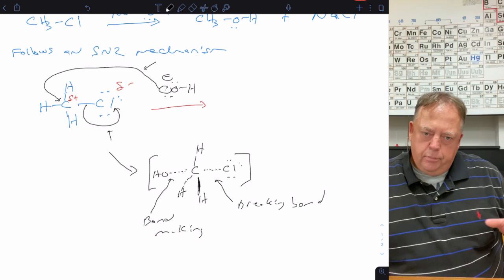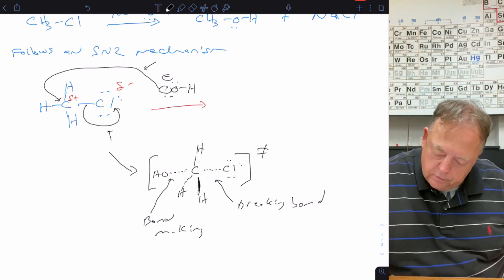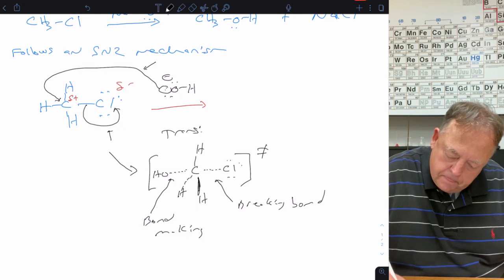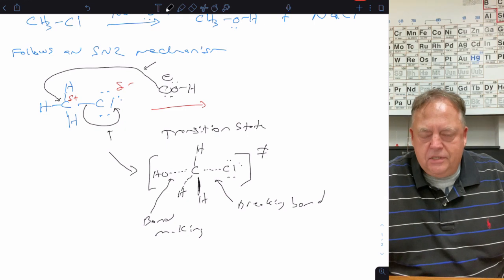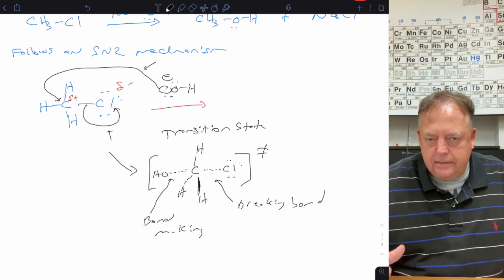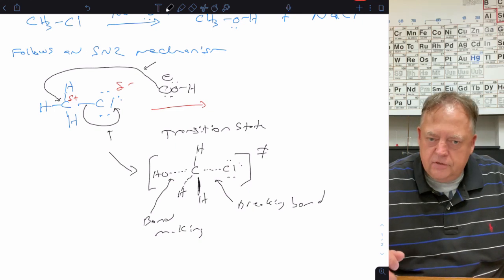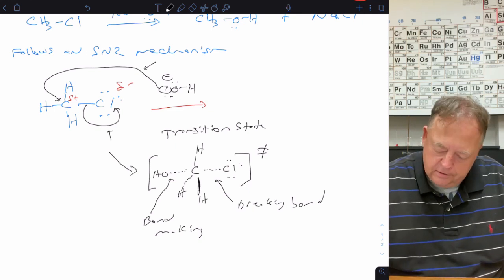And then that's typically put in brackets with this symbol, this dagger. And so that represents a transition state. So it's a real species, but not in the sense that you can isolate it and stick it in a bottle, because it has a very, very short lifetime, on the order of femtoseconds.